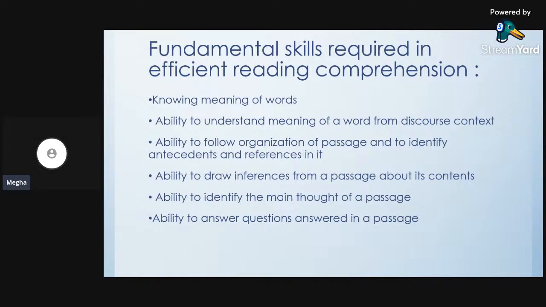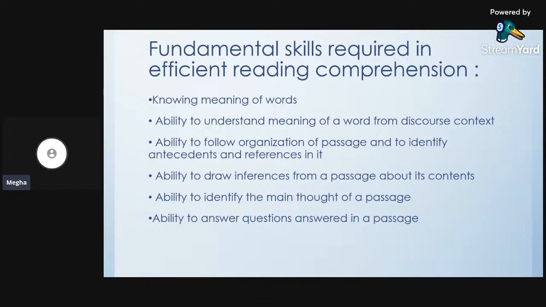In KPSC, a reading comprehension question will be compulsory. For you to understand how the passage is organized, in what context it is given and how confusing it can be, and to identify the antecedents, references and keywords in the passage, is important. Ability to draw inferences from a passage about its contents.